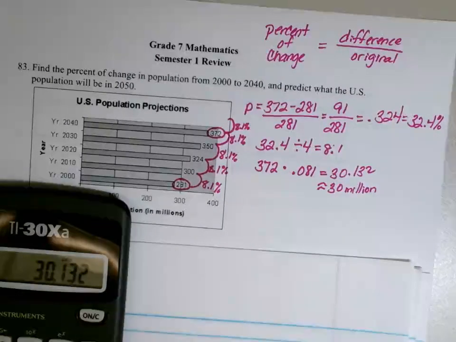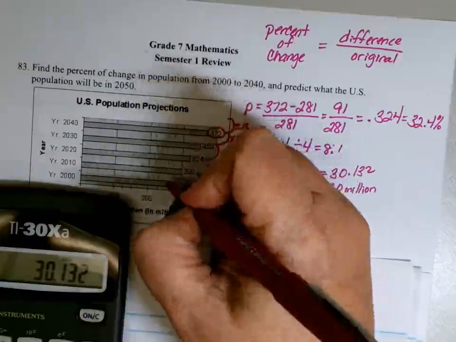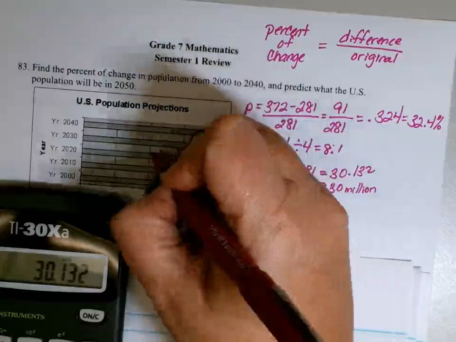What's our prediction of how much our population is going to increase from 2040 to 2050? 32.4% was this right here.